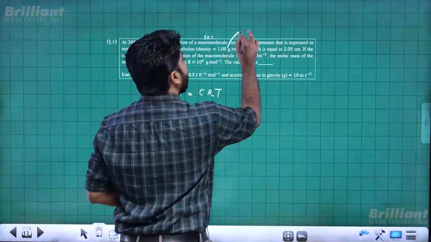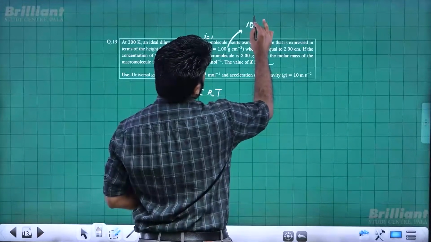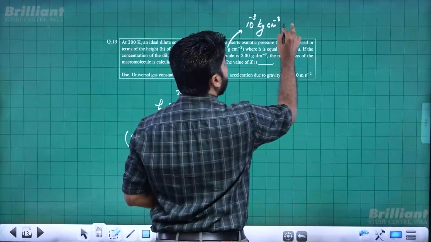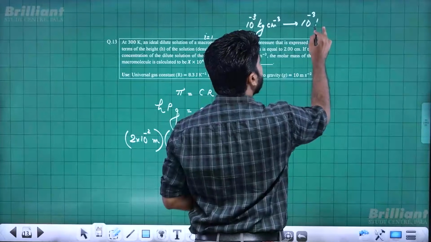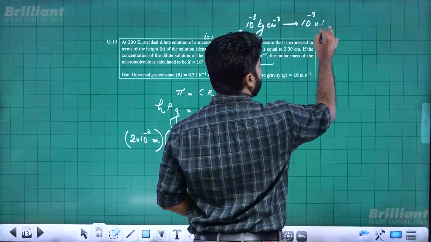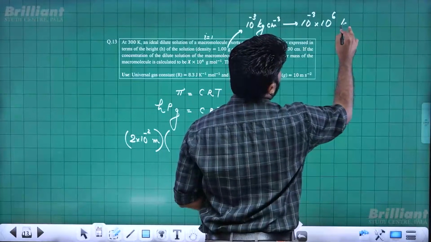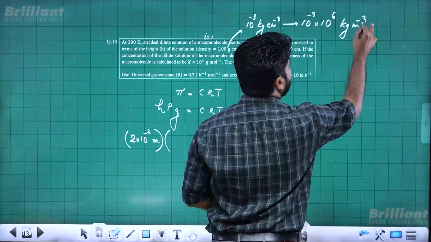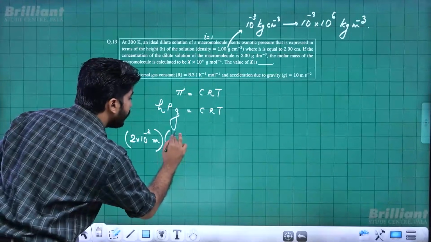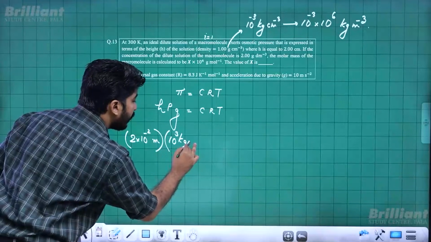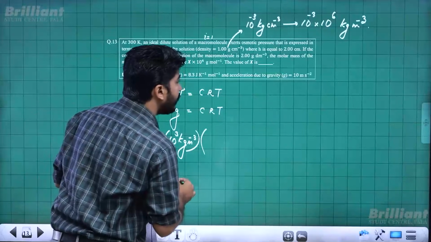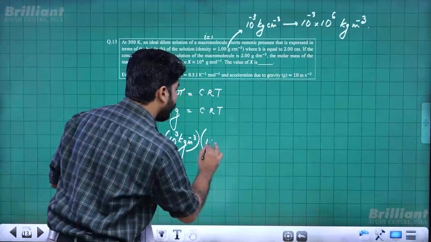So 1 gram per centimeter cube is 10 raised to minus 3 kg per centimeter cube, and that is 10 raised to minus 3 into 10 raised to 6 kilogram per meter cube. So in SI units, density of the solution is 10 cube kilogram per meter cube, and acceleration due to gravity is given as 10 meter per second square, which is in SI units.